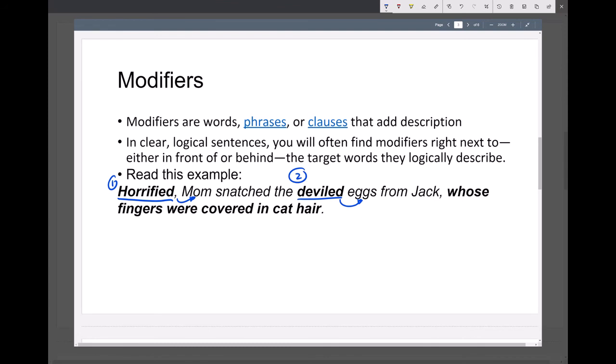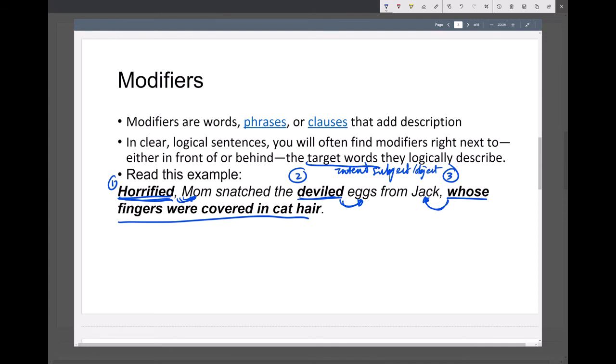And we have whose fingers were covered in cat hair, and that describes Jack. And you notice that the modifiers, these words right here, they're right next to the intended subject, the target words. It can be intended subject or object. Horrified goes with mom, deviled goes with eggs, and whose fingers are covered in cat hair goes to Jack.